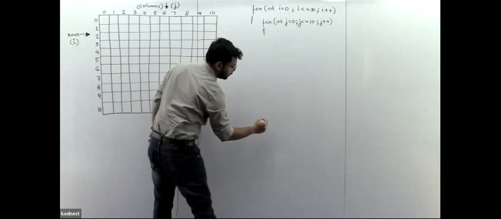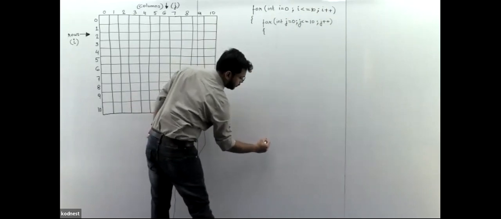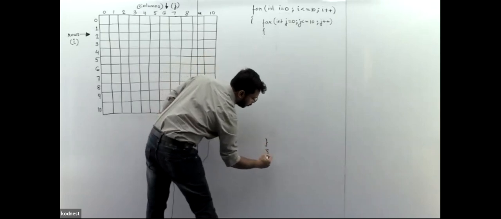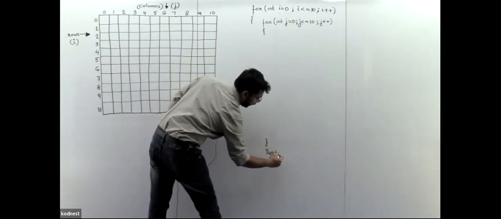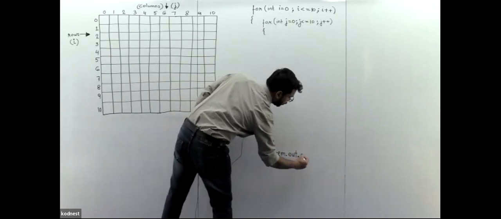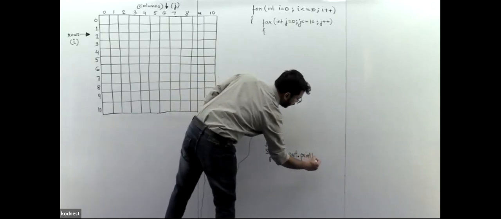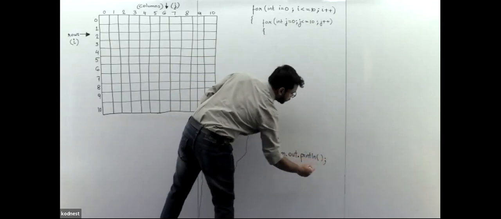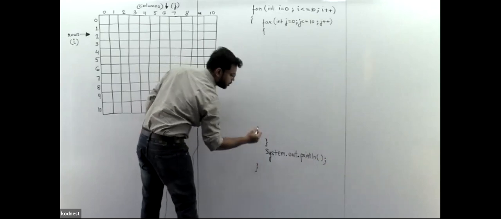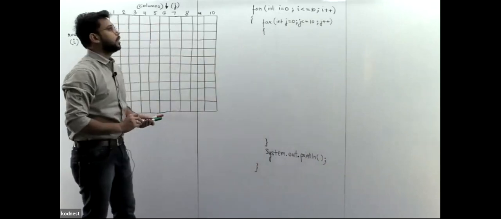This is the closing of the inner loop, and because I have to get the shape, I will write here System.out.println. Take the cursor to the next line. This is the opening of the outer loop. This is the closing of the outer loop.